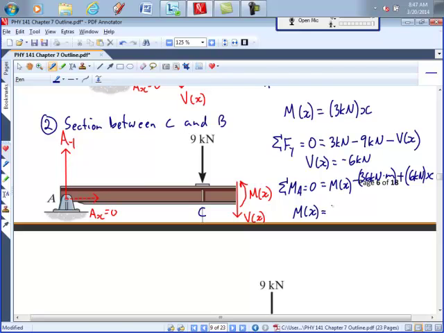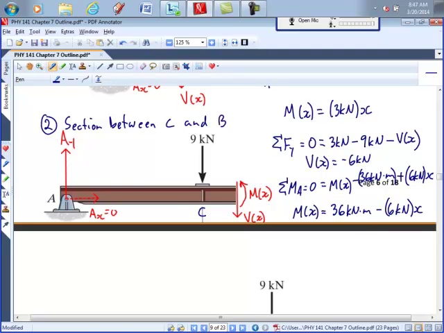Right, we get 36 kilonewton meters minus 6 kilonewtons times x. So that's a straight line function again.